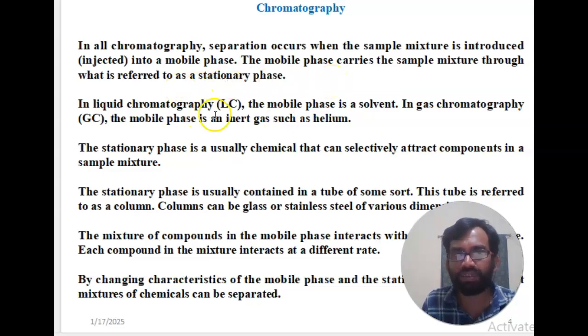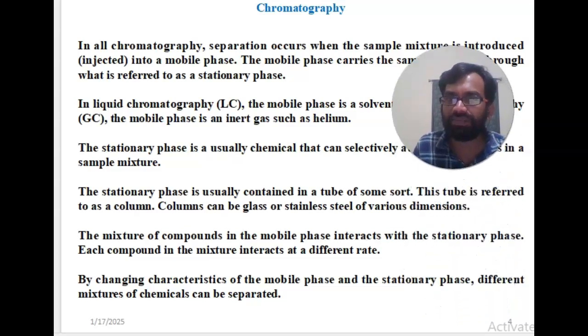In liquid chromatography, LC, the mobile phase is a solvent, and in gas chromatography the mobile phase is an inert gas such as helium. The stationary phase is usually a chemical that can selectively attract components in a sample mixture. It is usually contained in a tube of some sort, and this tube is referred to as a column. The column can be glass or stainless steel of various dimensions.